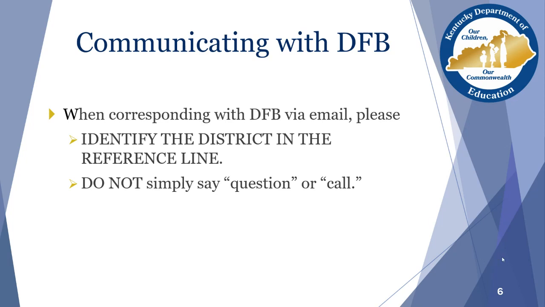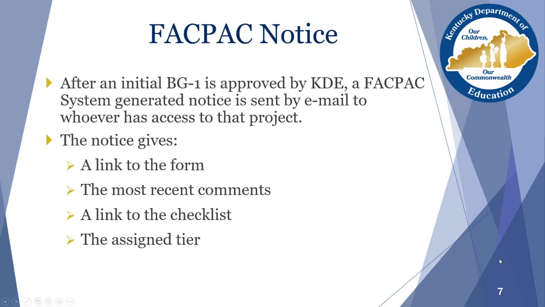Next slide, please. Your FACPAC notice. After your initial BG1 is approved, you'll get a system-generated FACPAC notice. This notice is going to give you a link to the form, the most recent comments on your BG1 approval. You'll also get a link to your checklist and the assigned tier.